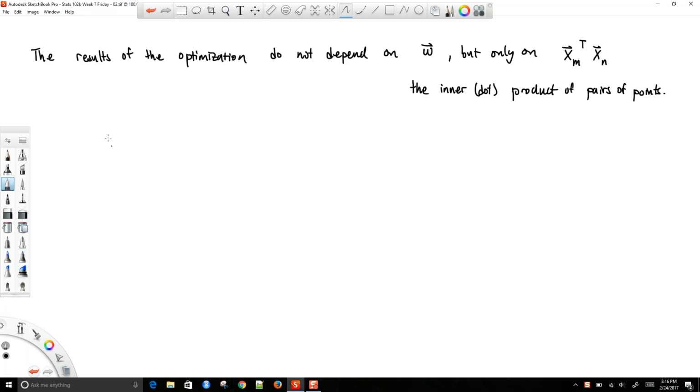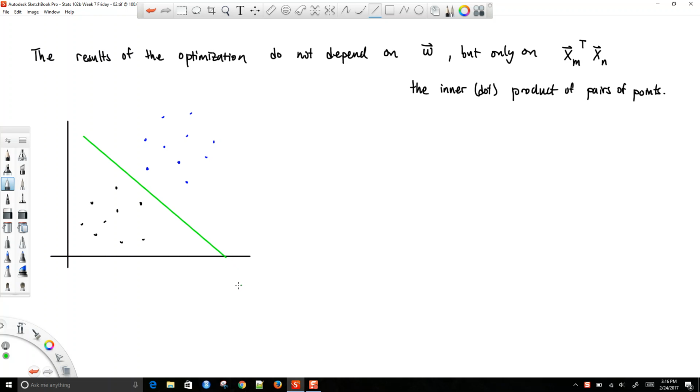And basically what that's saying is that when you create your boundary, the boundary ends up just being like this.